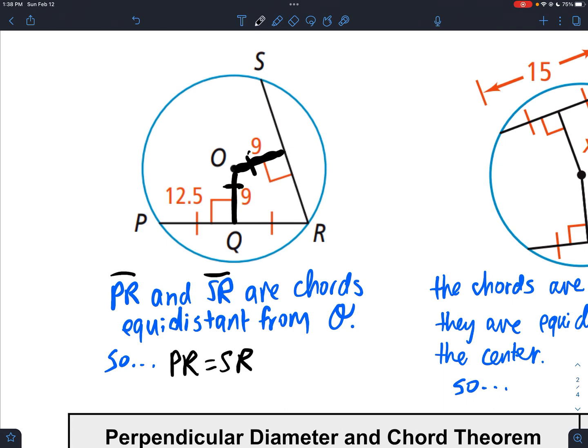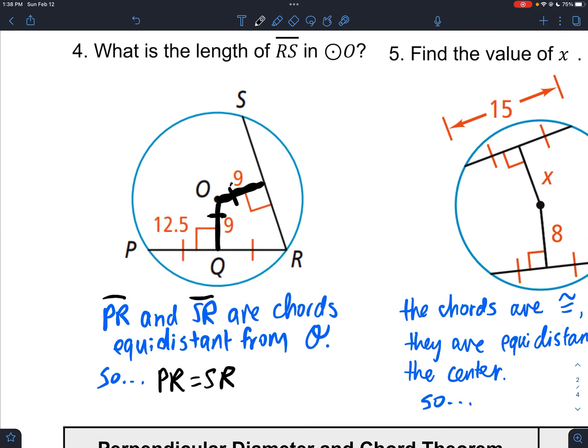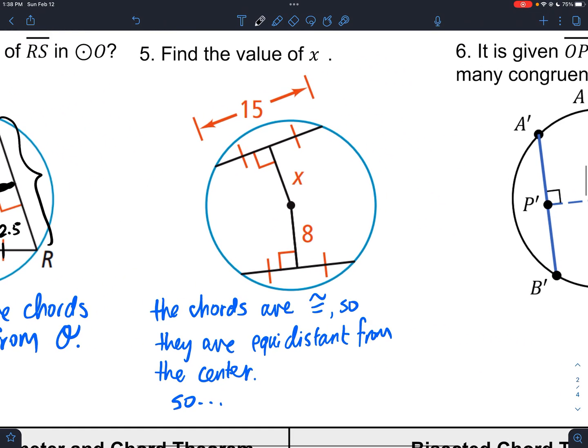So if the chords are at the same distance away from the center, they are equal to each other. Okay? So if we want to find out what RS is, we know that this is 12.5 as well because of the markings. And because the chords are equal, we know that SR is going to be 25, because the other one is 12.5 plus 12.5.